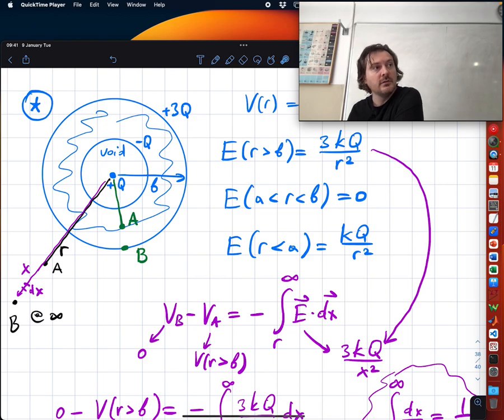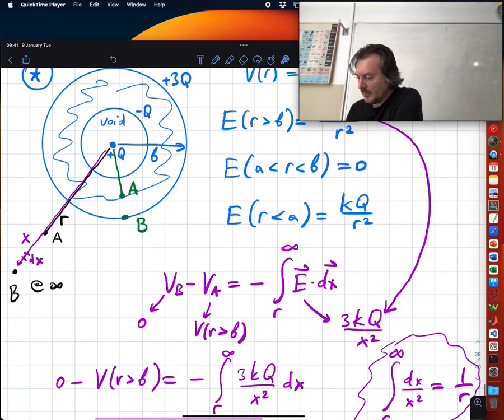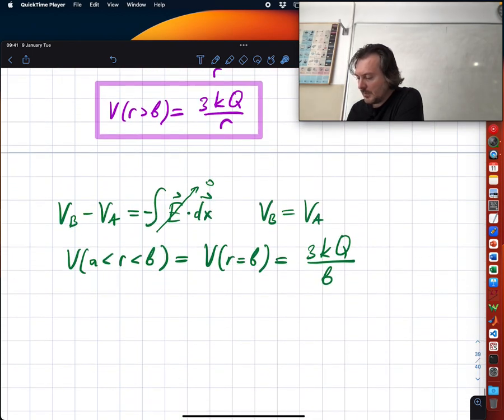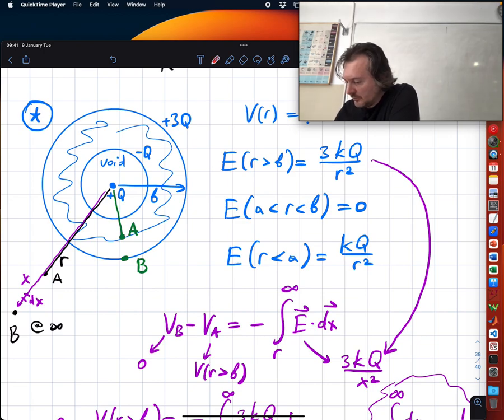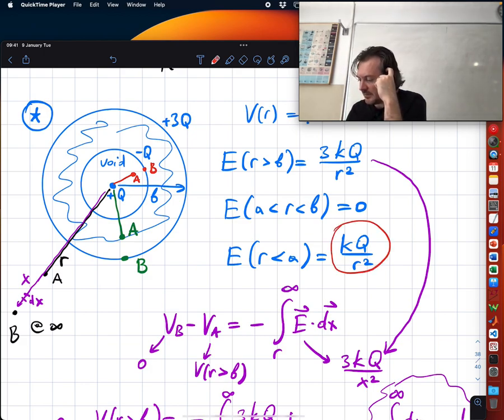Isn't that capital R? Yes, we defined it as b. So far so good. One final region, which is inside now. Now we are inside, going from, let's say, point A to point B over here. Inside, the electric field is like this.